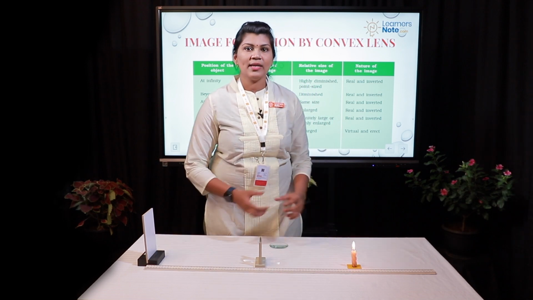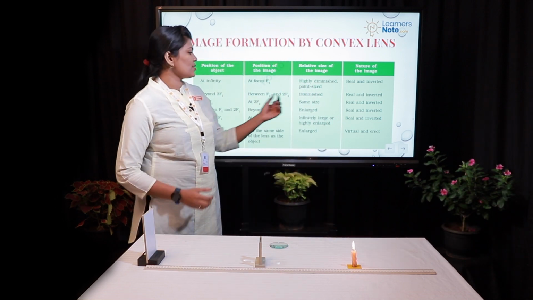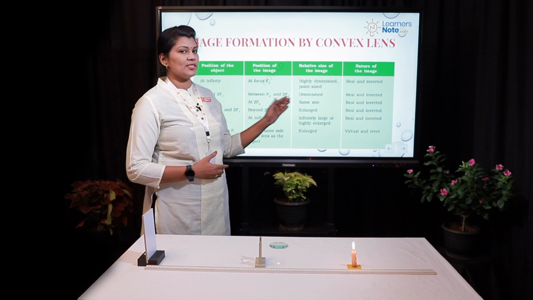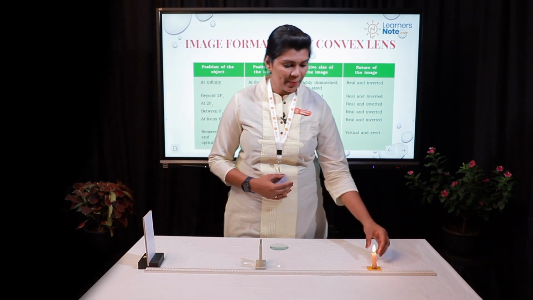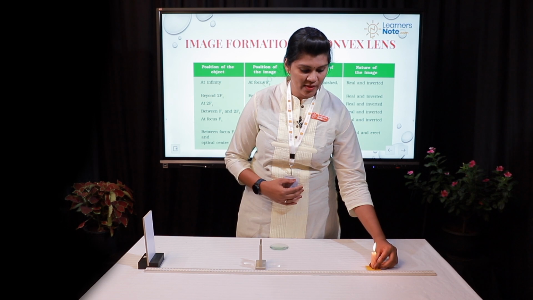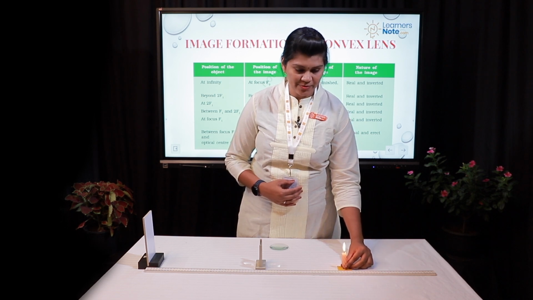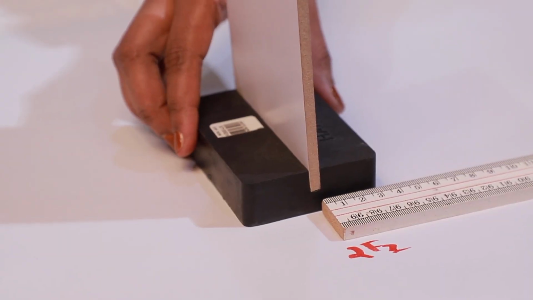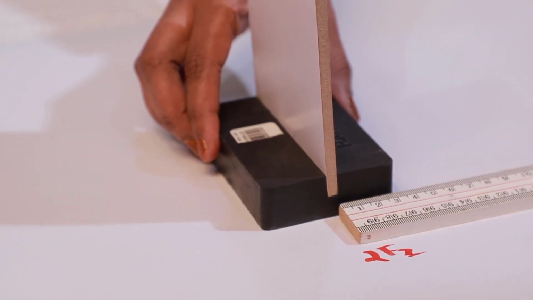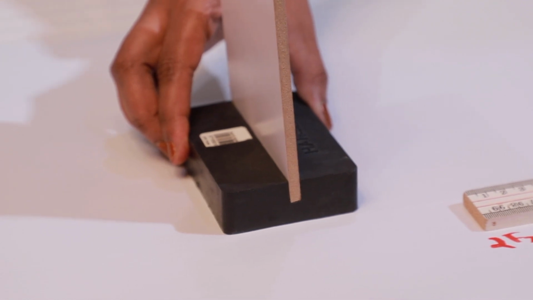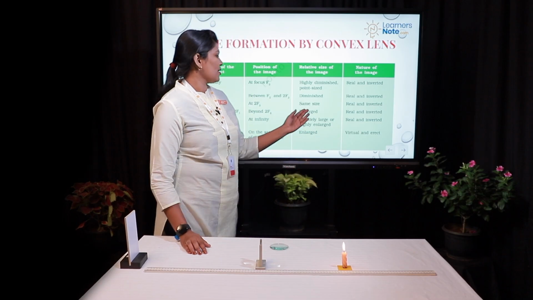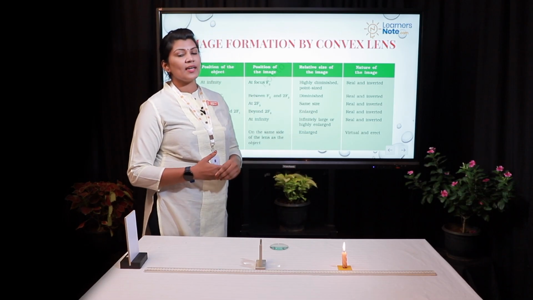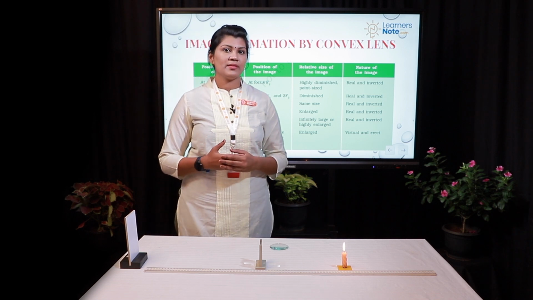That is, if I place the object between 2f1 and f1, the image will be formed beyond 2f2, and we can see that the image formed is enlarged, and it is real and inverted.